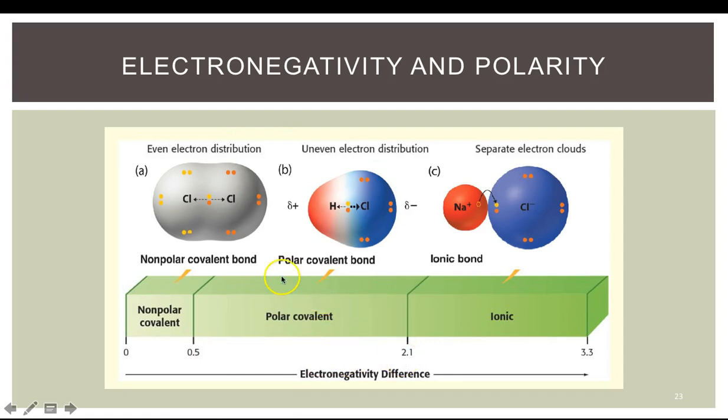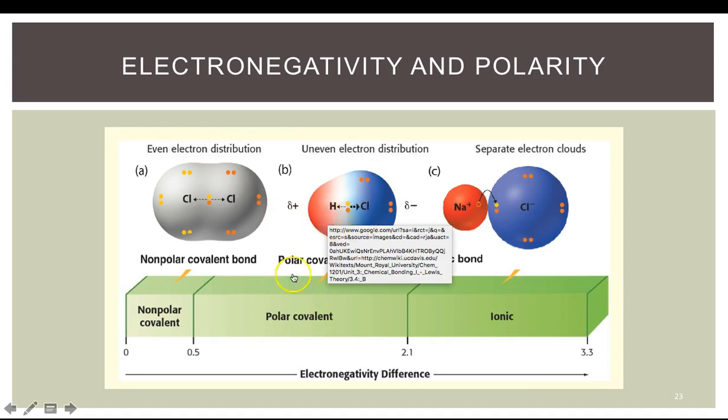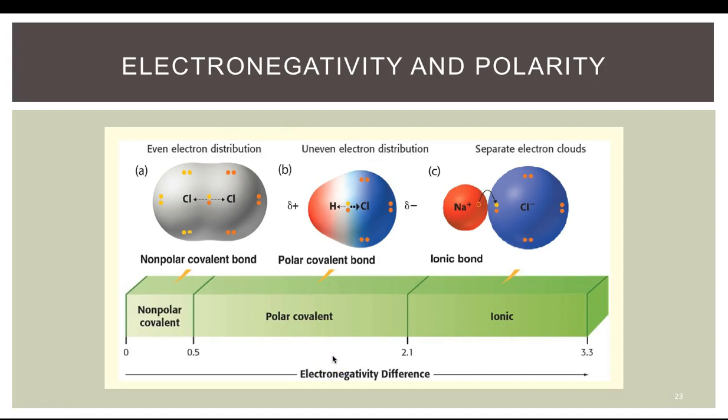This is where it is shared, but it's a little bit unevenly shared, right? We had hydrochloric acid as our example, where the chlorine is more electronegative, so that electron distribution is a little bit more heavy on the chlorine side, so the wave function is more like chlorine than hydrogen.